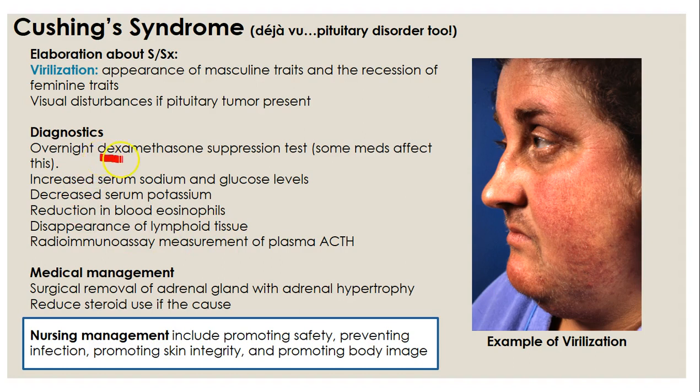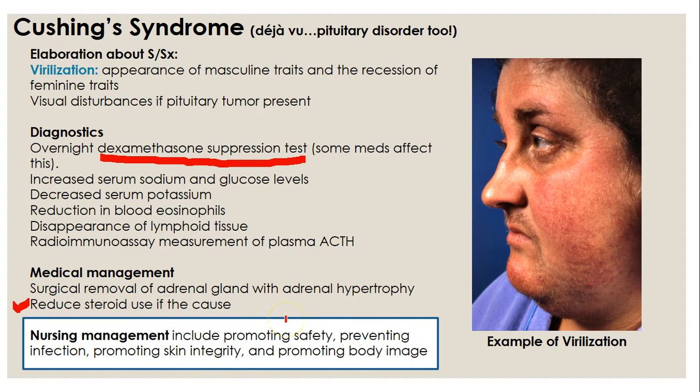Diagnostics: do a dexamethasone suppression test. Medical management: a lot of times, if it's the adrenal gland itself that's causing the problem, it is a removal of the adrenal gland. And unfortunately, sometimes too, it can also be caused by an overuse of steroids, so you can also reduce the steroids.